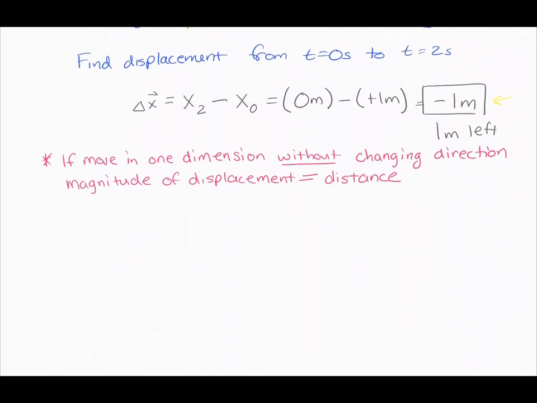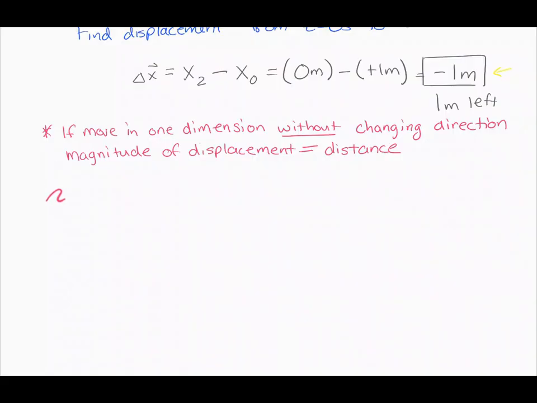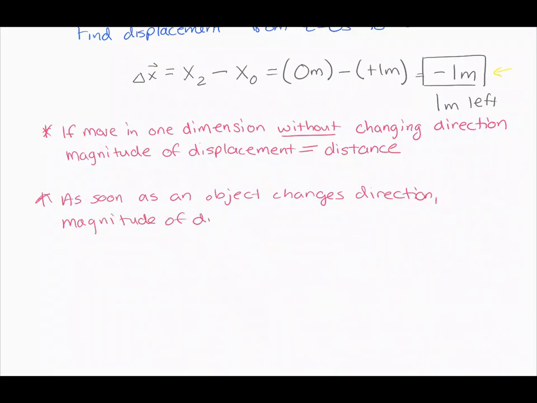Another way you can write that is as soon as an object changes direction, the magnitude of the displacement is less than the distance, because your distance keeps getting bigger.